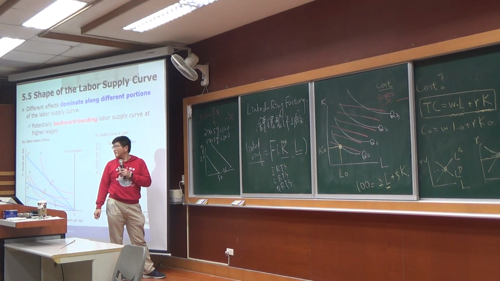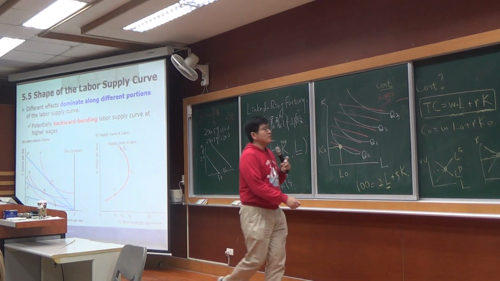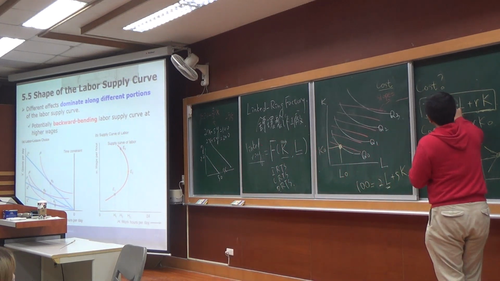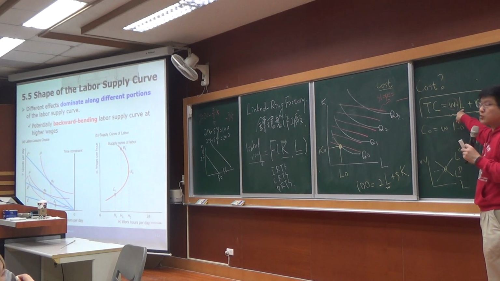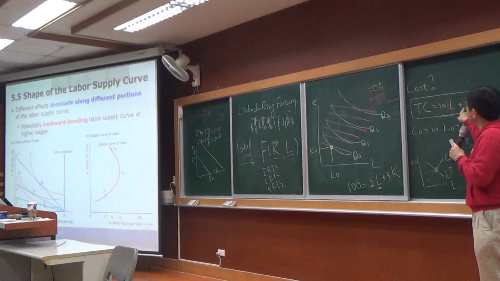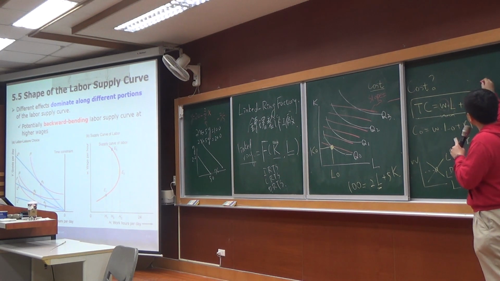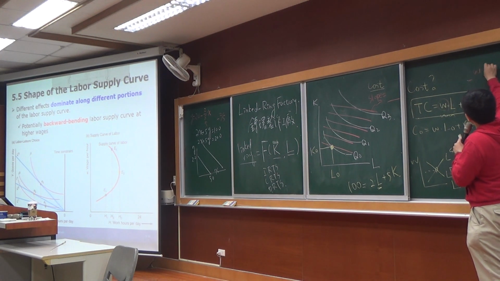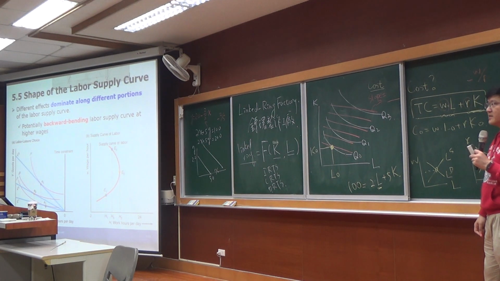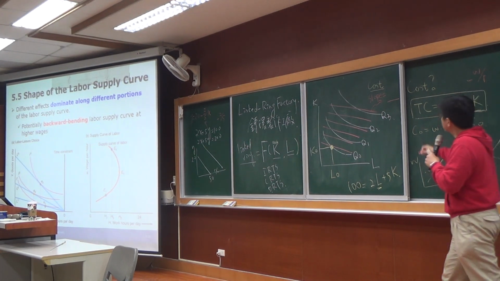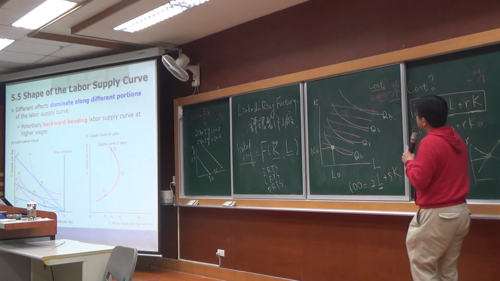Is that right? So this is just like P1 if you regard this as Q1. This is just like P2 if you regard this as Q2. So the slope would be negative wage rate over rent. Okay? So this would be negative wage over rent.